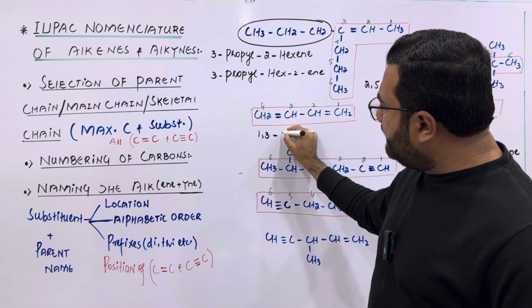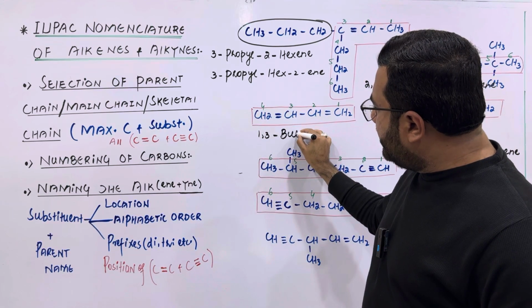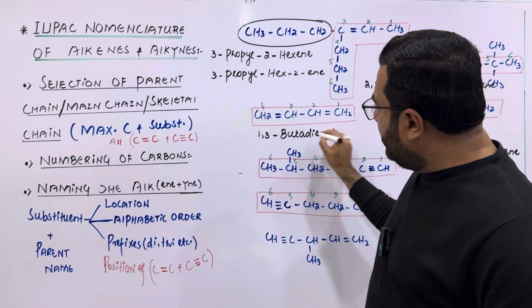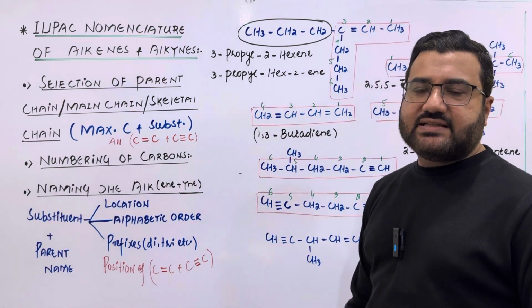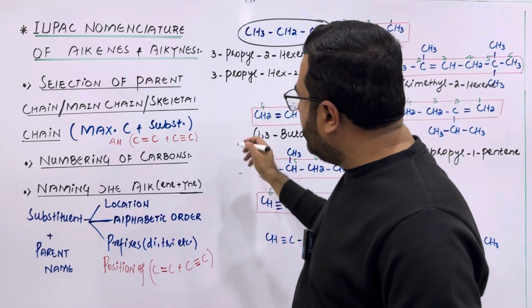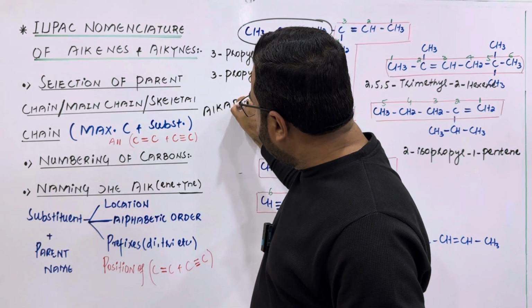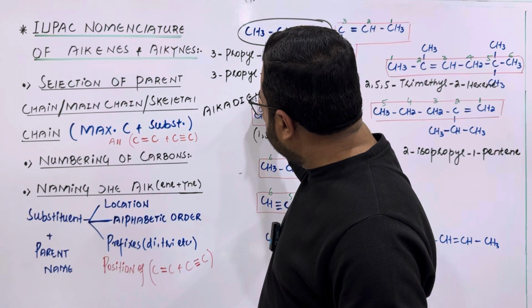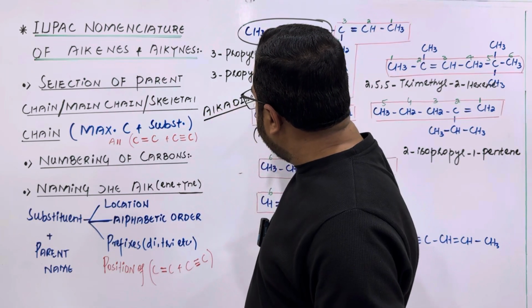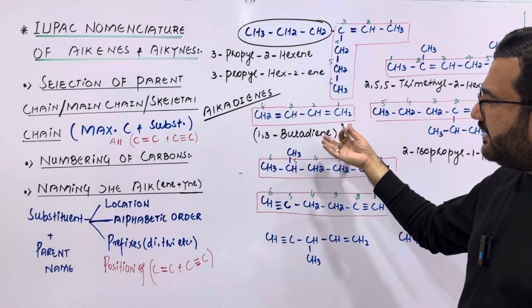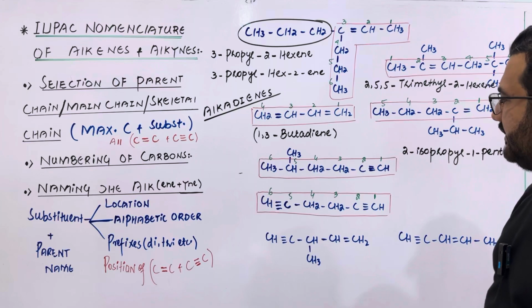There are 4 carbon atoms, so that will be butadiene. Because those alkenes that have 2 carbon-carbon double bonds are called alkadienes. And those with 3 carbon-carbon double bonds will be called alkatrienes and so on. So it is a butadiene, it is an alkadiene actually.